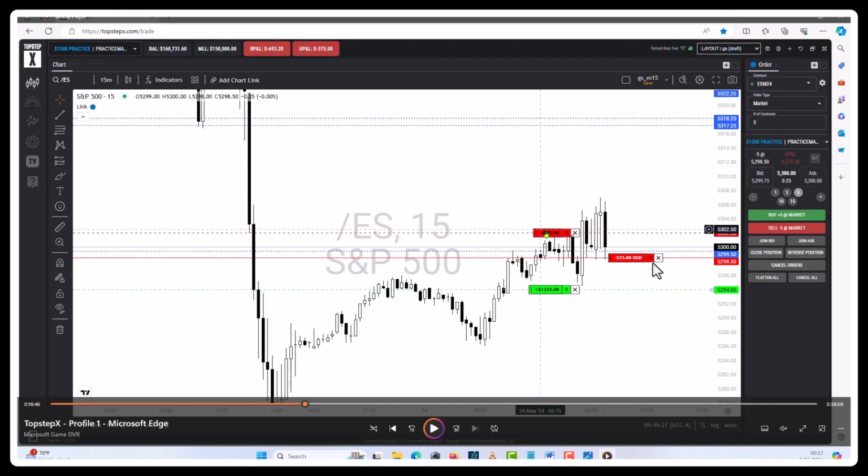Maybe this is a revenge trade. After 2 losses, we try to get the loss back, I guess. We jump to 5 contracts because we're very sure that if it comes here it's not going to break the level, then it can come down here and break the level. So that's the logic right there.